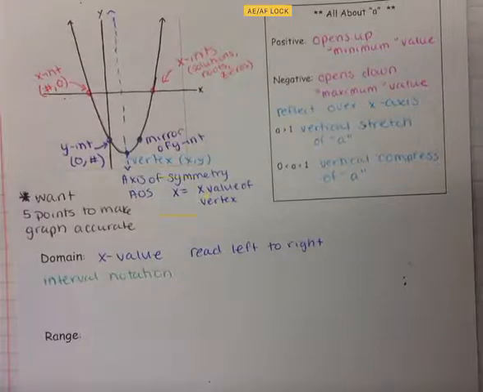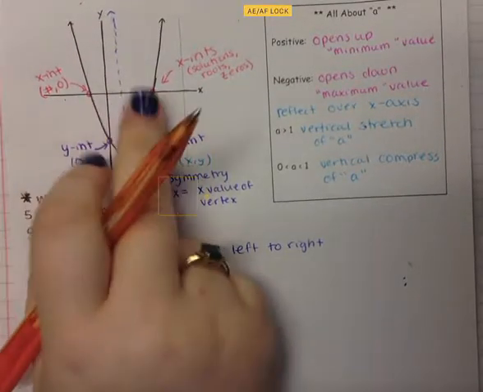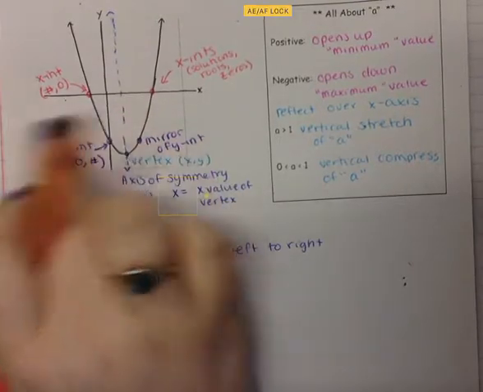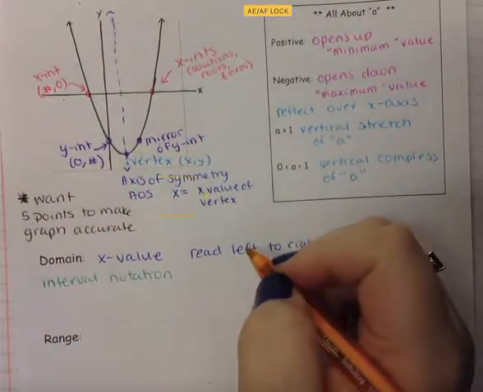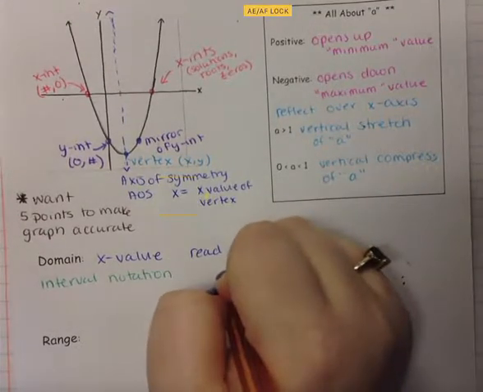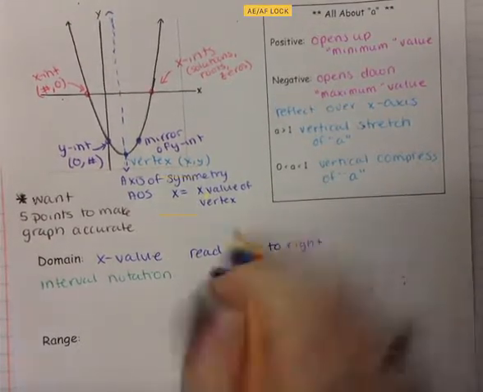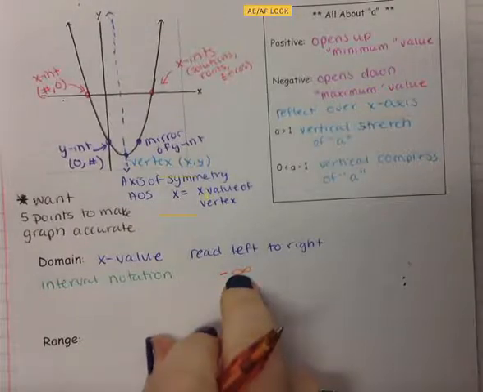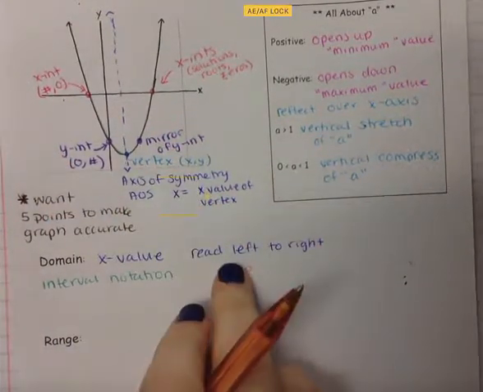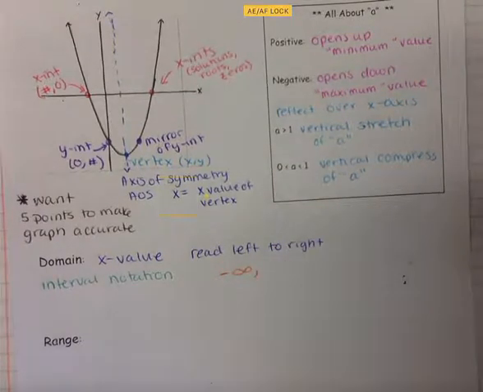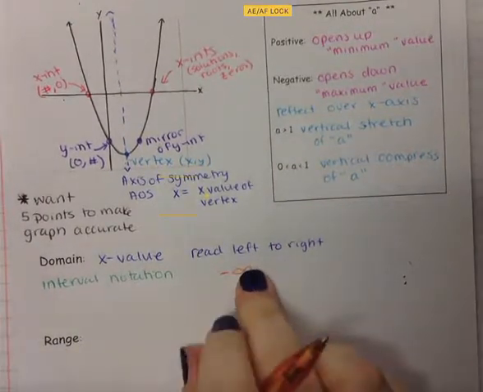So in order to write that for domain, our domain for quadratics, because it's going left and right forever, is going left forever, so it'll hit negative infinity, because it's going to the negative x values forever. But comma, I'm going to put a comma because this says everything in between.